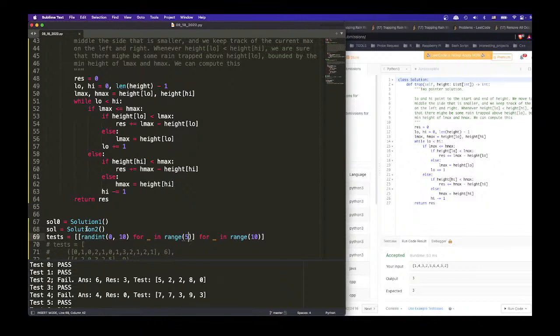And now we move, and if this is larger than this, then this one will be pointing to the current max. Yeah, I just kind of don't want to do it that way. If low max is smaller or equal to high max, now consider if this is smaller than that, and now I'll do this.